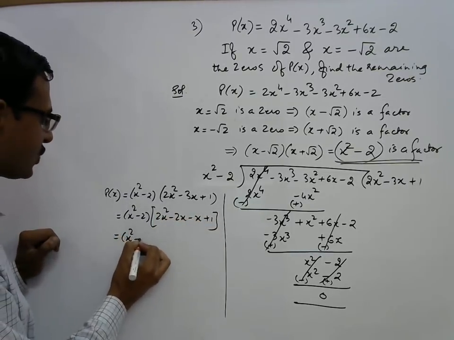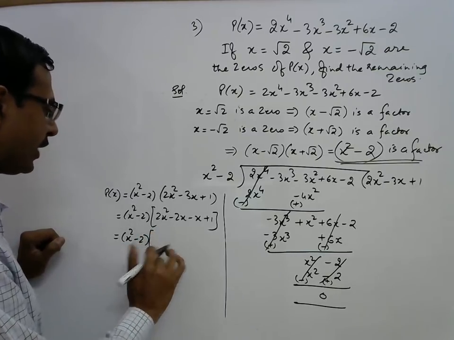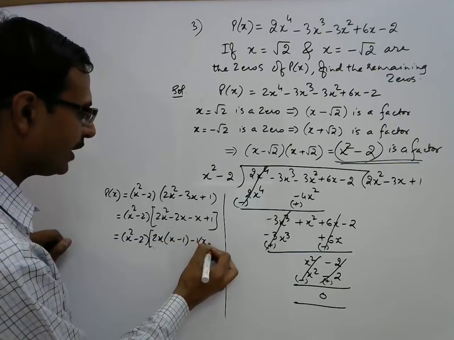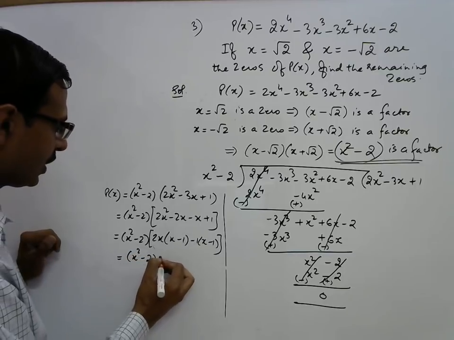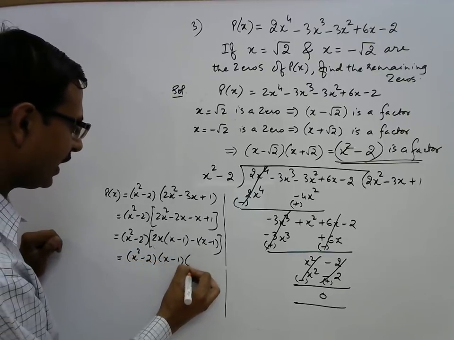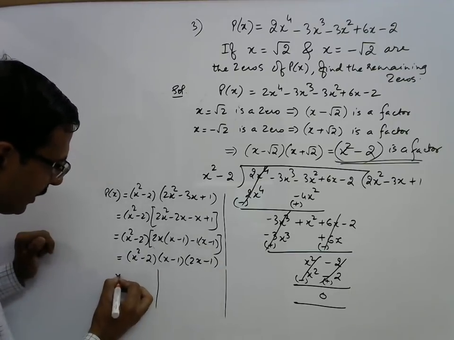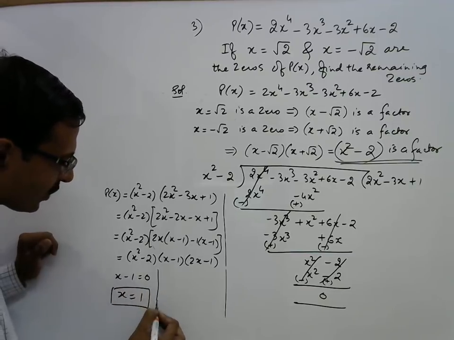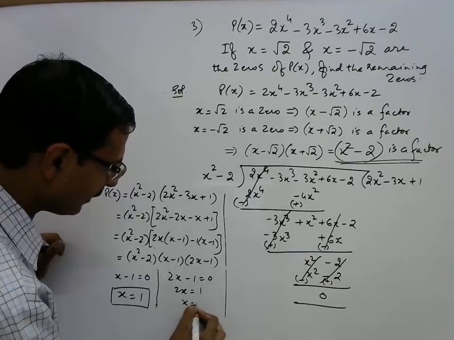So x square minus 2 into, you can take 2x common, get x minus 1, and minus 1 common, x minus 1. So x square minus 2, x minus 1 and 2x minus 1. So these are the two remaining factors. So just convert them into zeros by putting them equal to 0. So you get one answer as x equal to 1 and the other answer as x equal to 1 by 2.